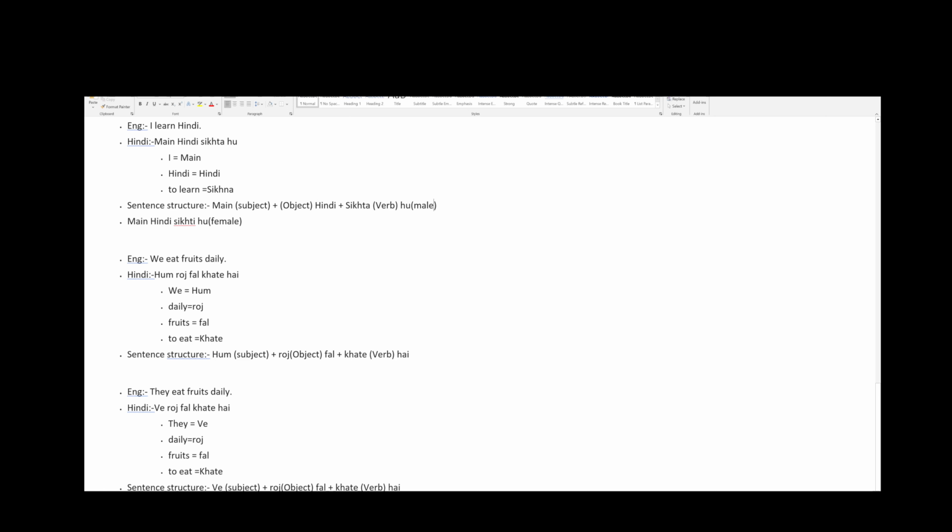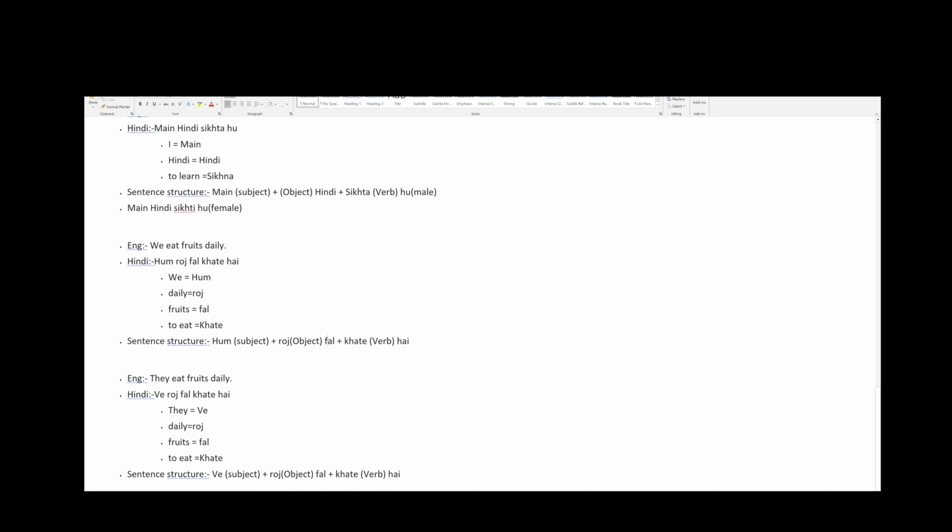So that's why हम रोज फल खाते हैं. Follow order: subject, object, verb. So हम is a subject, object is फल here, and खाते is the verb, खाते only. रोज means what? Daily. हम रोज फल खाते हैं.